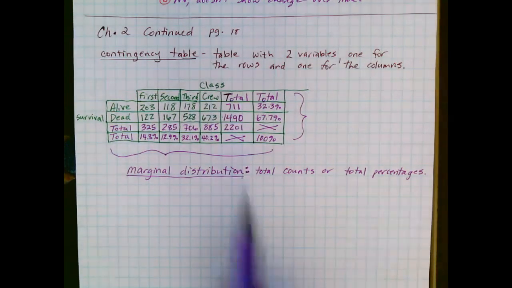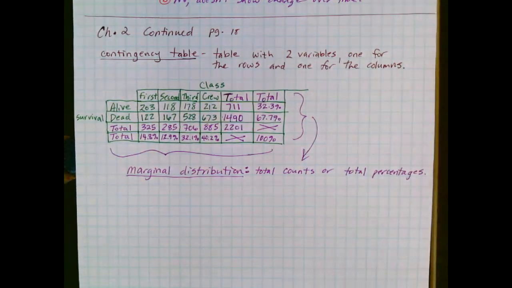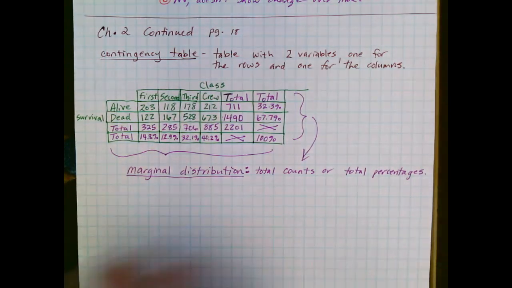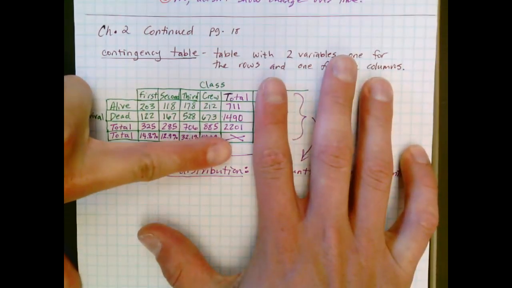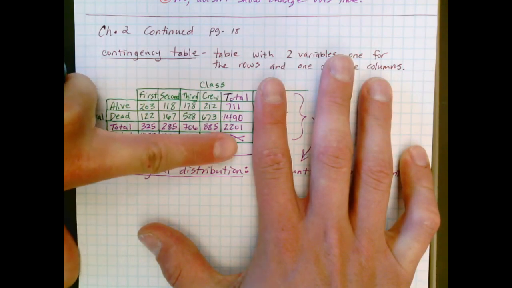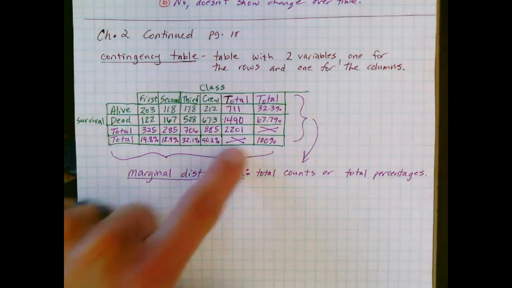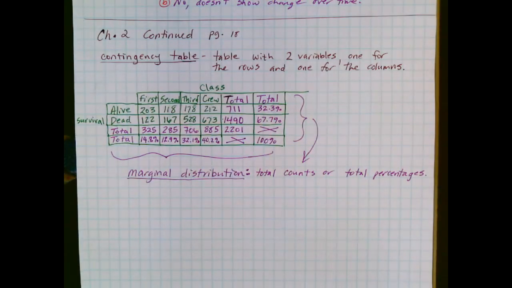You typically wouldn't have both. I just included both to show you that it can be either. So you would either have exactly the first total, which would just be the counts like that, or you could replace all those with the percents. You wouldn't have these blank cells there like that. But if it asks for marginal distribution, either one is fine.